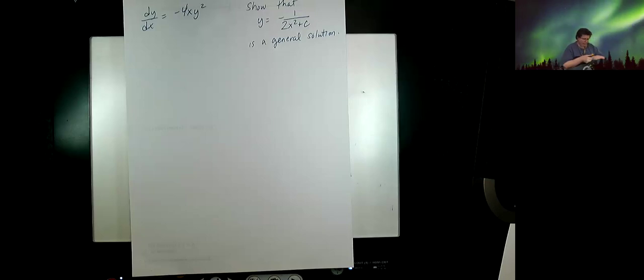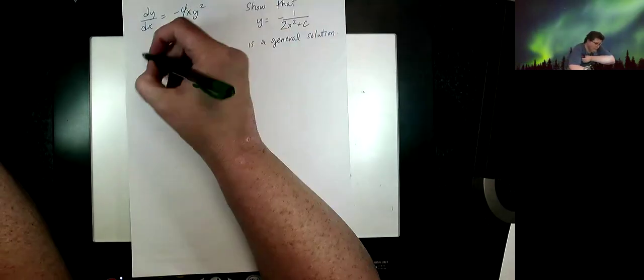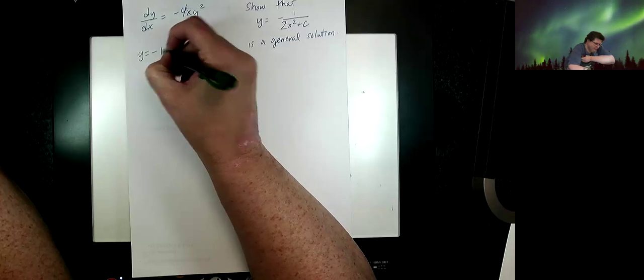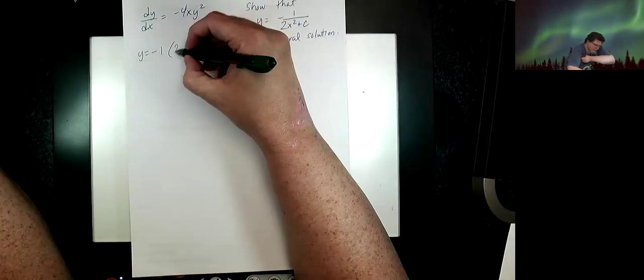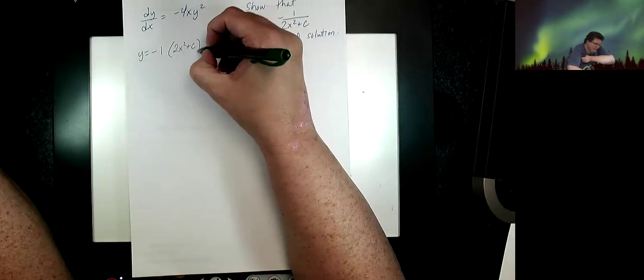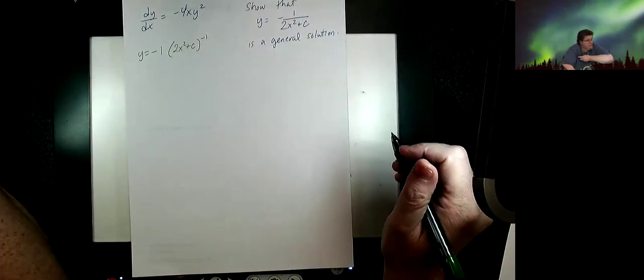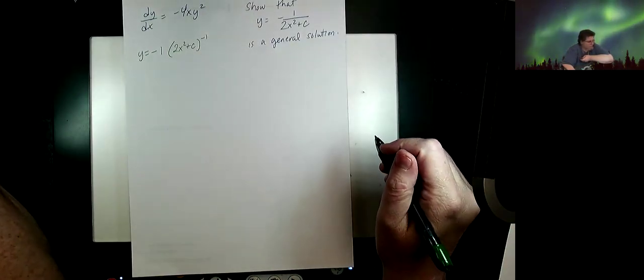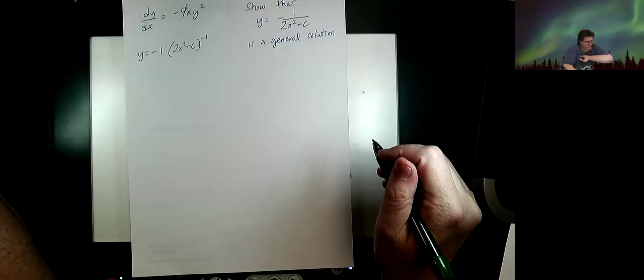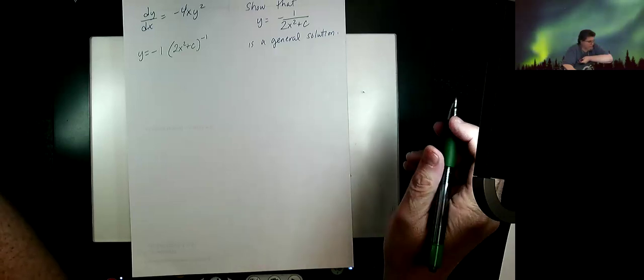Now, I think this is going to be a little bit easier because I don't want to do the quotient rule. I don't know about you. But I'm going to rewrite this as negative 1 times 2x squared plus c to the negative 1. This allows me to do product rule and chain rule and avoid the quotient rule.